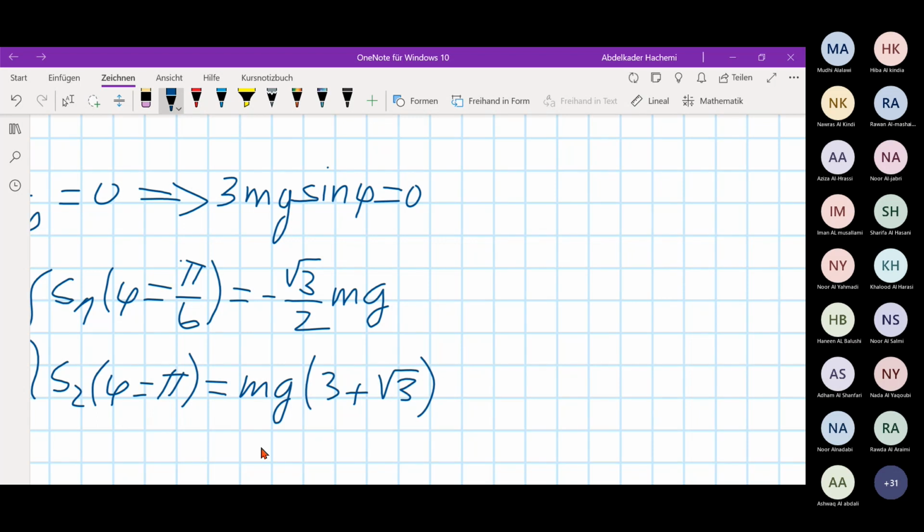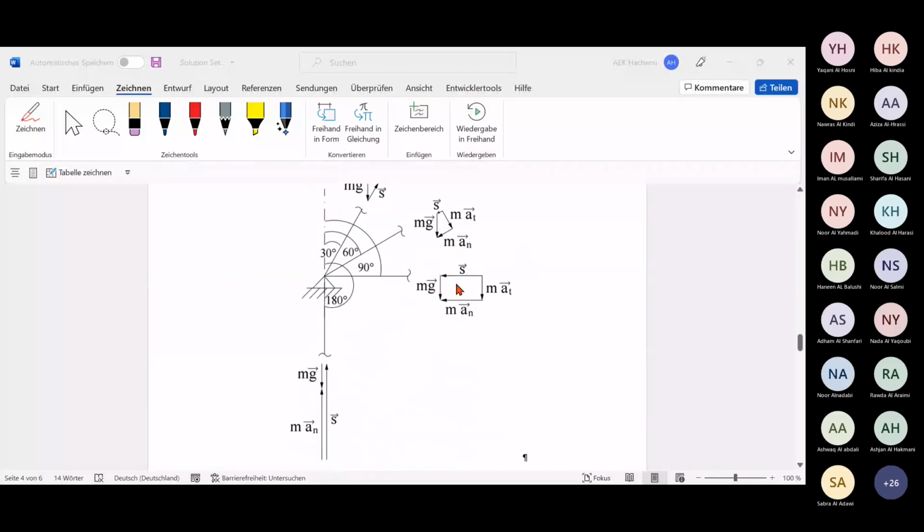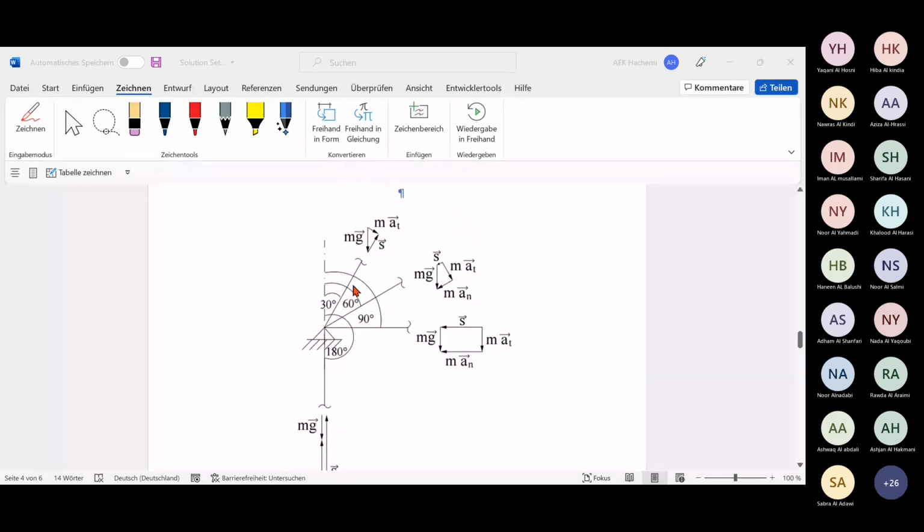Now, if we look at how this change will be, then I return back to the graphical representation. We look here at different cases where the value of the rod force changes.